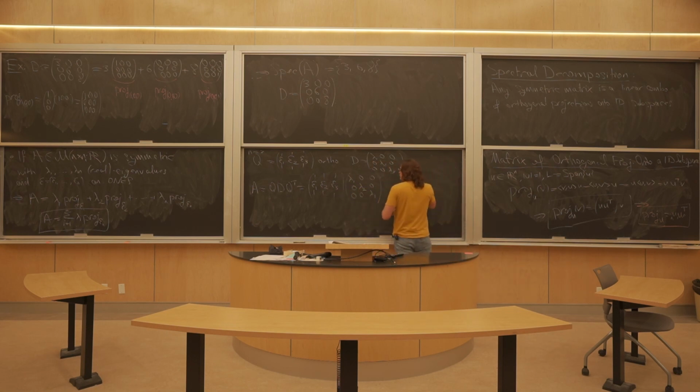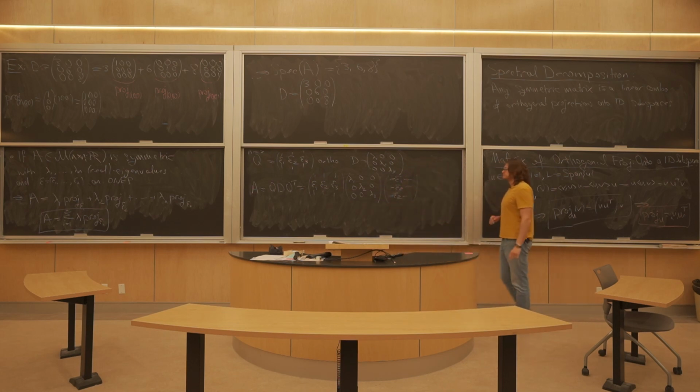And then I have Q transpose, which means that I'm going to see the eigenbasis vectors as row vectors.